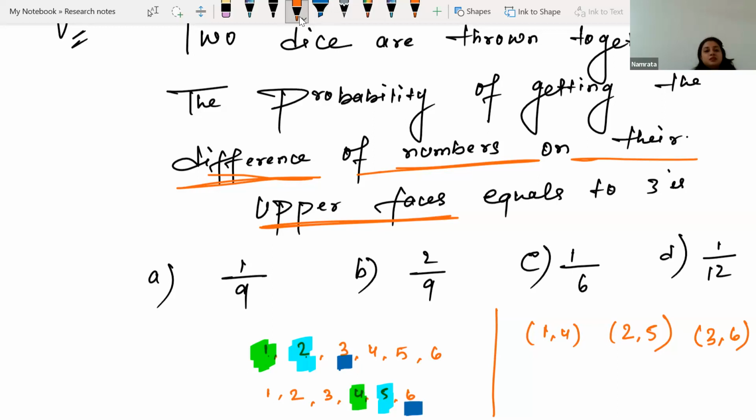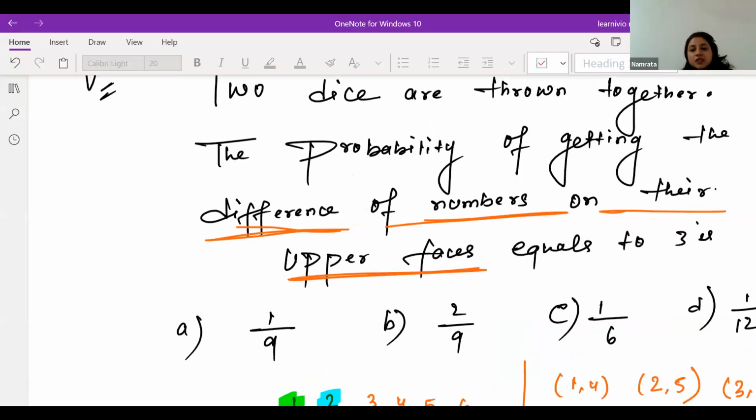When you are throwing two dice, what will be in the denominator? Anyone? 12. 6.